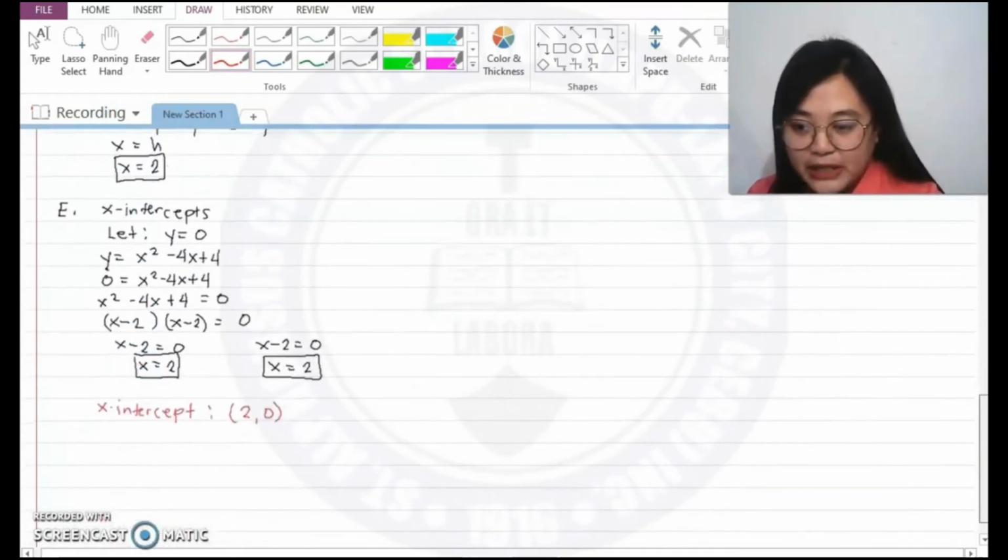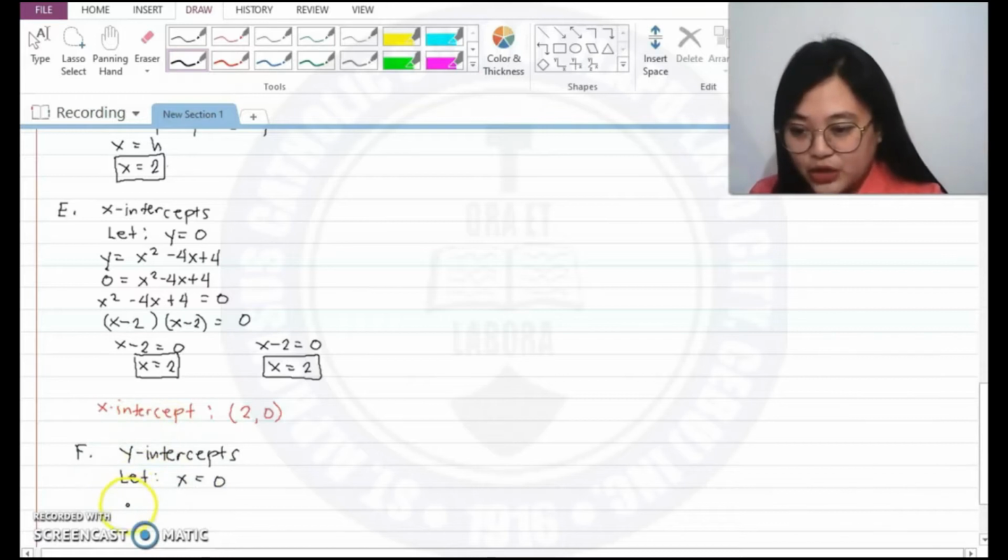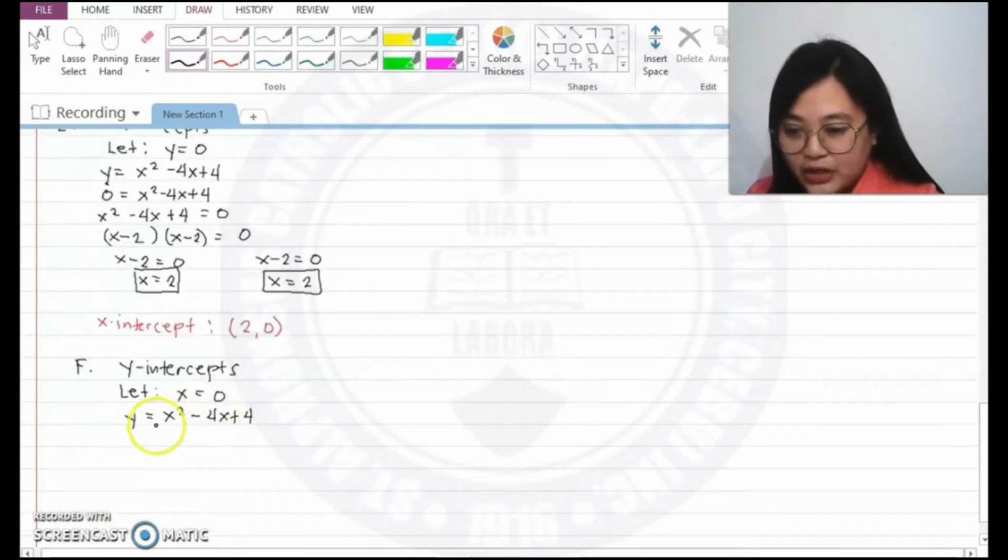Next, let's move on to the y-intercepts. For y-intercepts, it is similar to solving the x-intercepts, but this time we're going to let x be equal to 0. So the given quadratic equality, which is y equals x squared minus 4x plus 4, substitute 0 for all x, so it will become y equals 0 squared minus 4 times 0 plus 4.